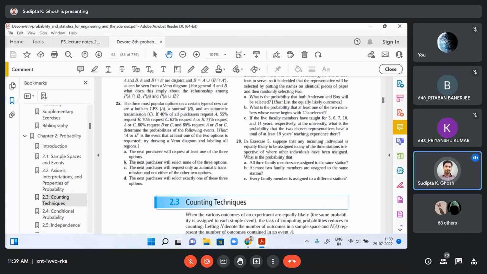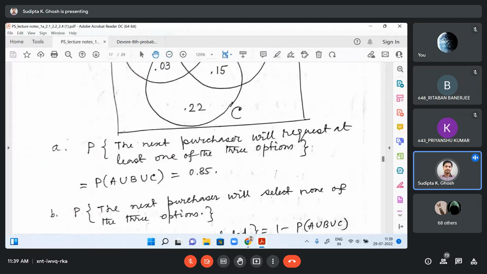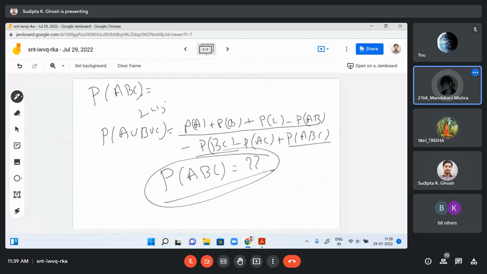Now the first question: the next purchase will request at least one of the three options. Tell me how to proceed. The probability that the next purchase will request at least one: unions, exactly.